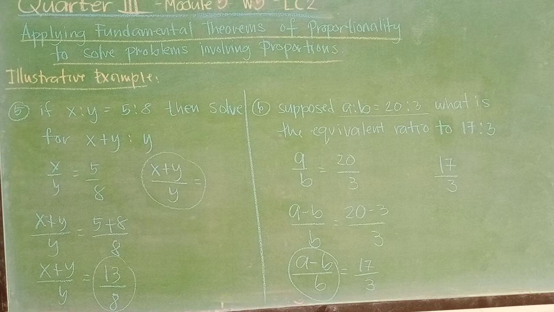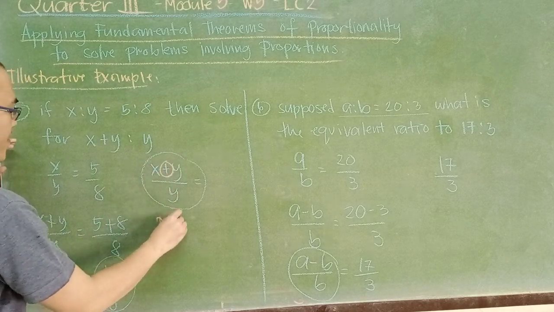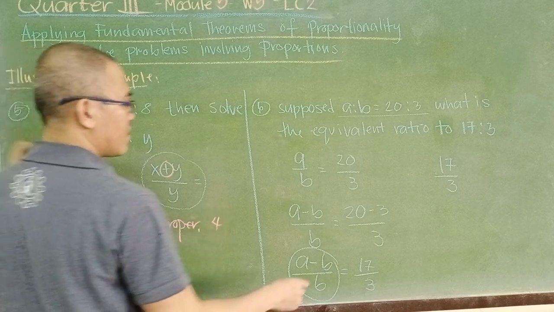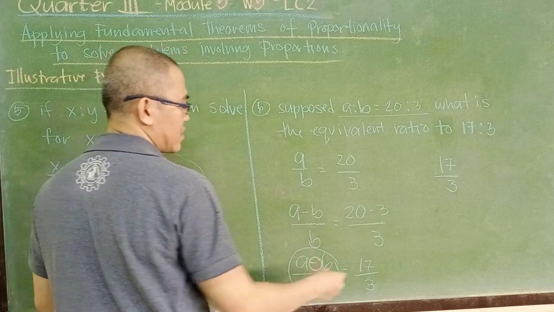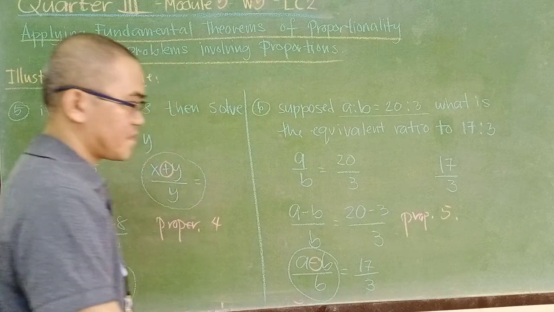So that is how it will appear for number 6, using property number 5. Here, what we used is addition. This is property number 4. Here, what we used is subtraction. This is property number 5.